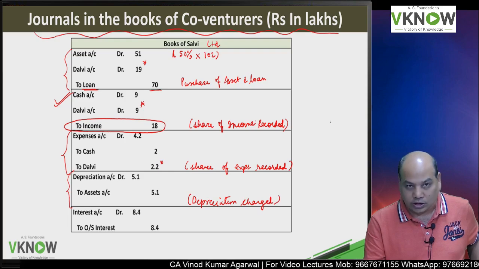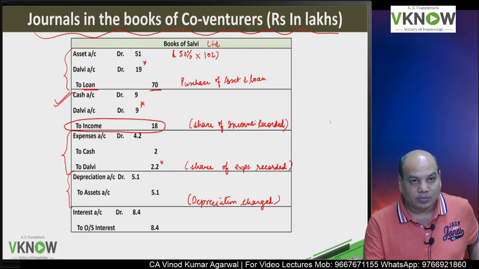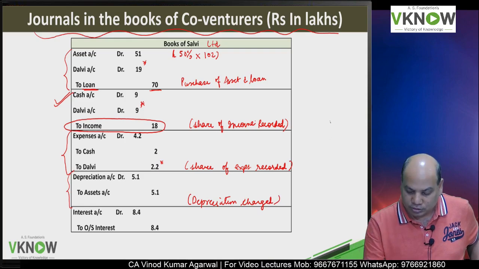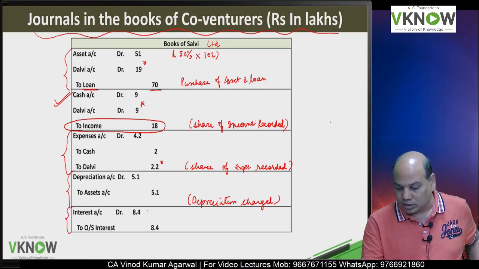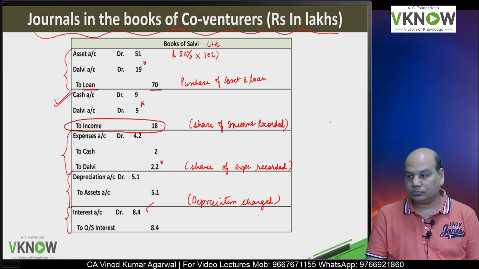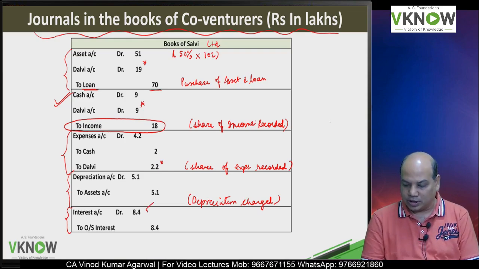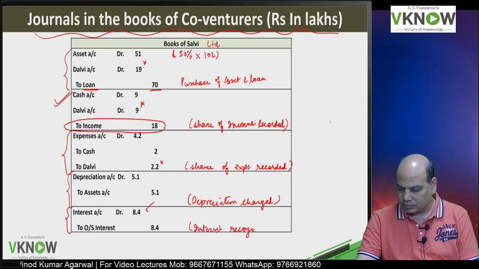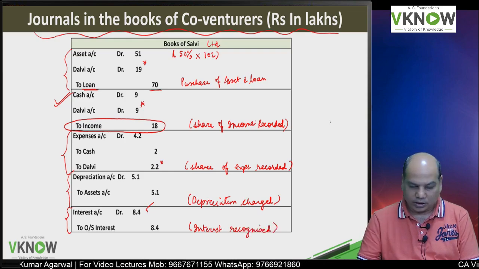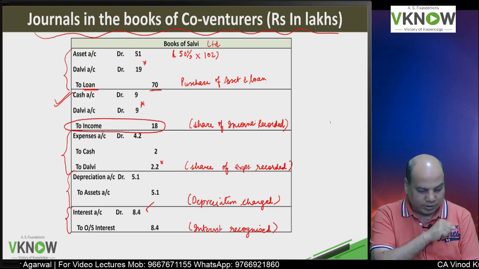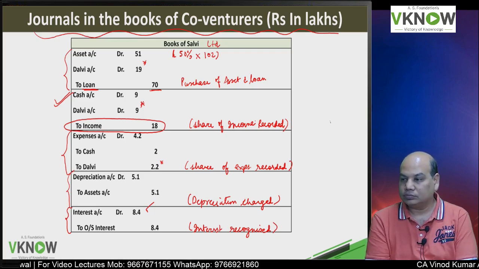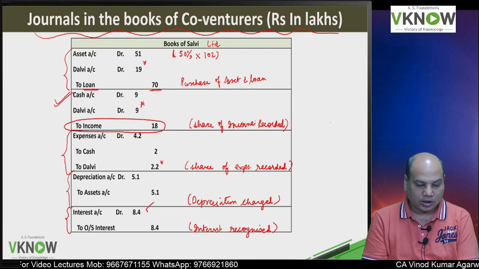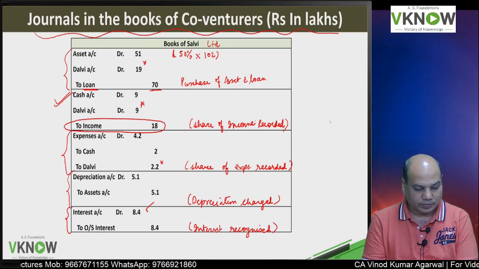And then we have to record interest, but interest was outstanding, so my entry will be interest account debit 8.4 to interest outstanding 8.4. Being interest recognized. And now we are going to record in the books of Dalvi Limited the same set of entries.